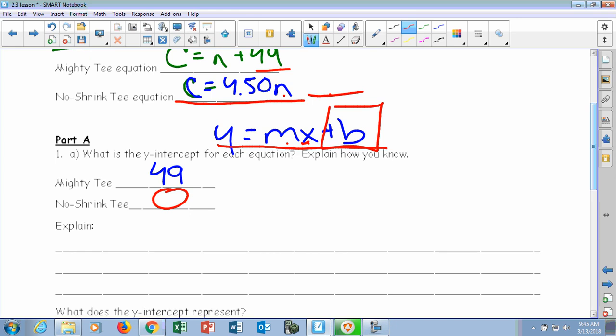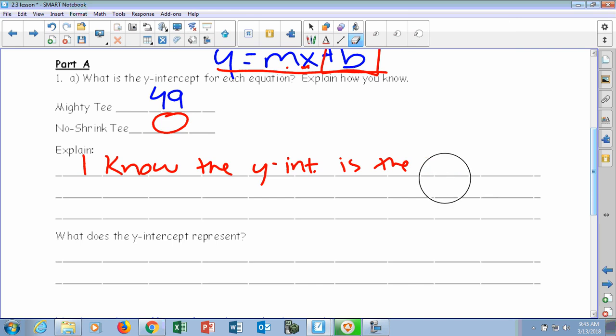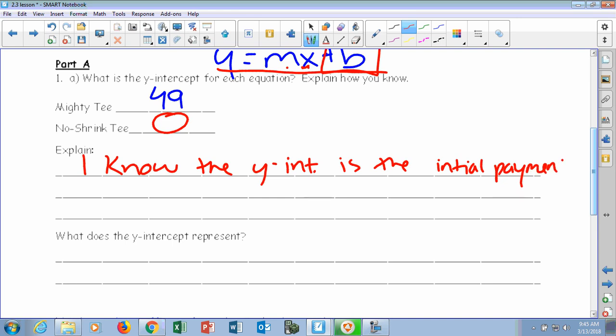It says explain. So we can explain this. I know the y-intercept is the initial payment for each company.